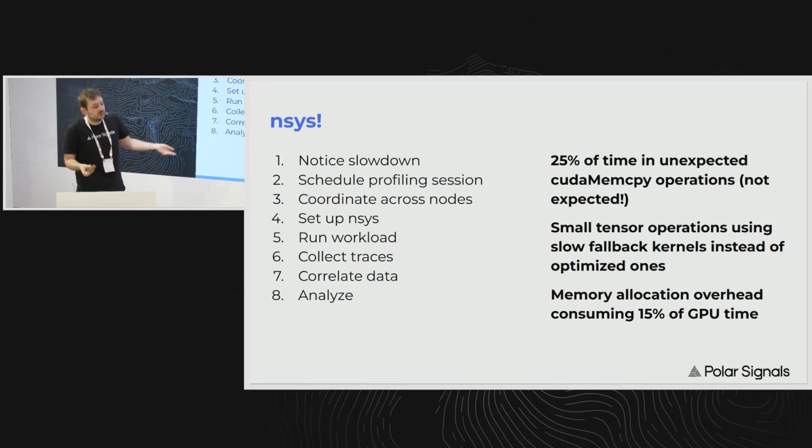Maybe we were also not using the right kernels because the software was accidentally falling back to slower kernels than we intended to. And so this doesn't look all that different from other CPU-based workloads, right? Memory allocations, memory copies are quite typical performance bottlenecks, whether it's GPUs or CPUs that we're working with.